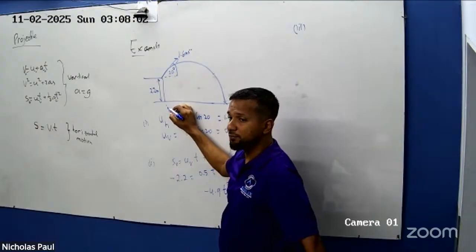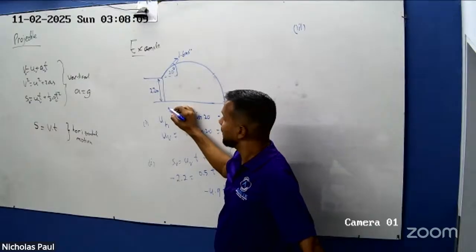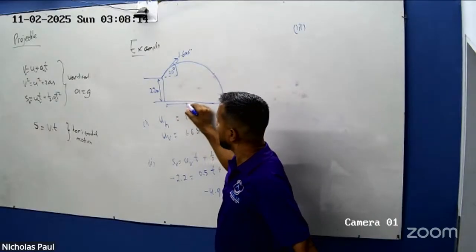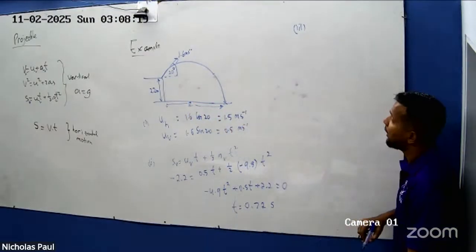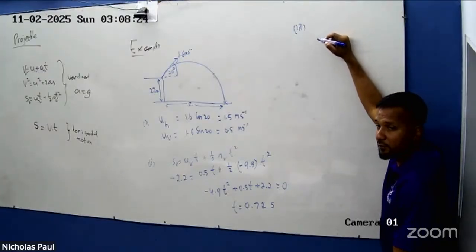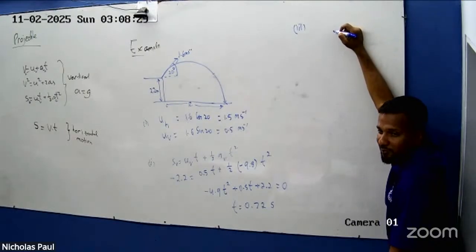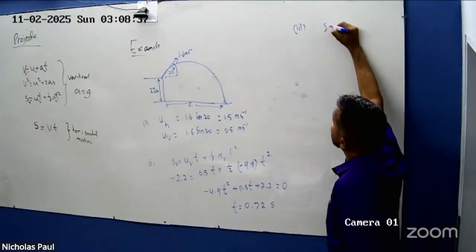How far from the truck? Horizontal or vertical? So they want the horizontal distance. Right? What are you using? S equals v times t.